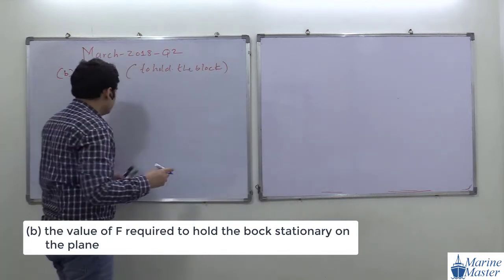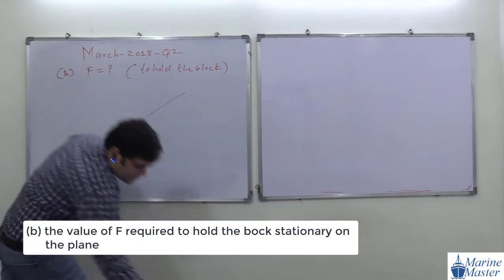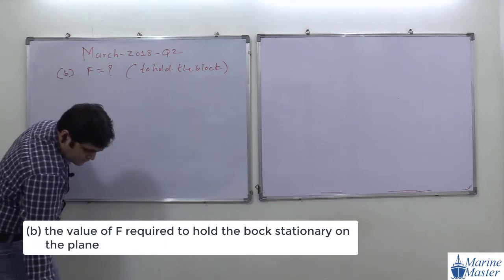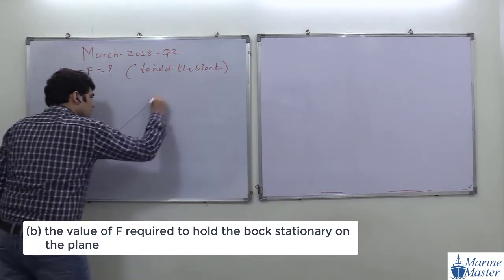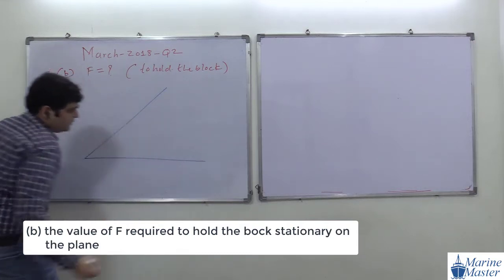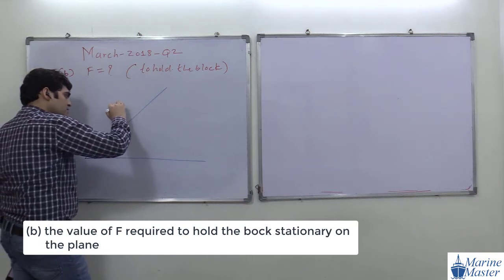See the point here. This is our inclined plane. I'm going to draw a little bit bigger angle because I need that. Try to see the scenario. So here we have our block.